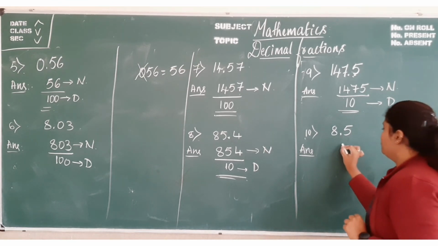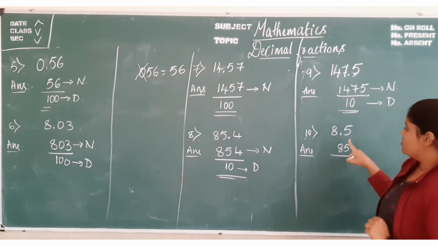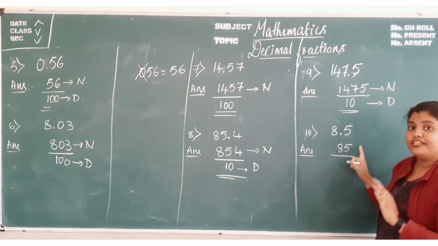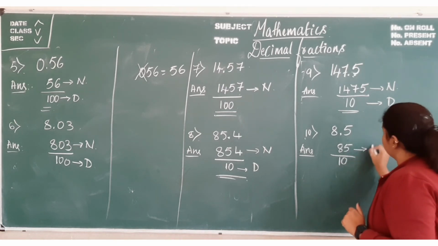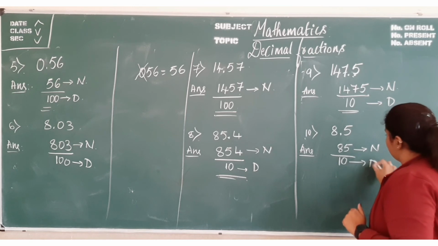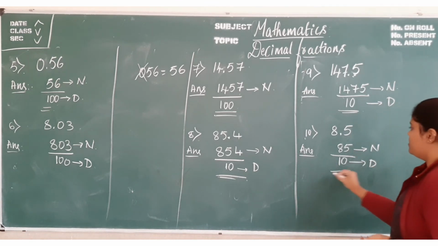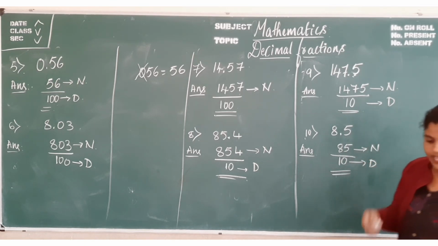So write the numerator without the decimal point. So 85. So 1 digit after the decimal point, divided by 10.